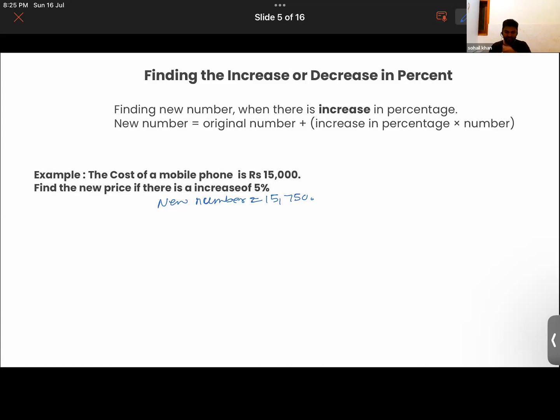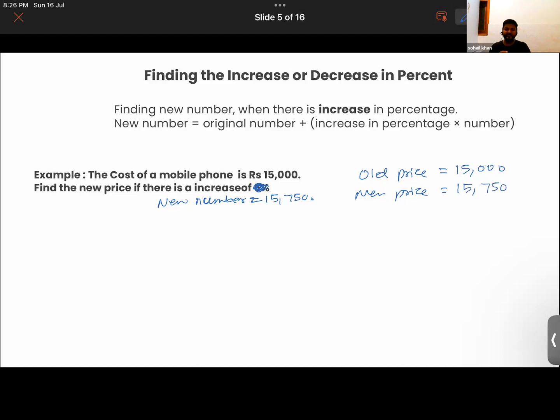Suppose this 5% was not given over here, and only the old price and the new price were given. The old price was 15,000 and the new price was 15,750.